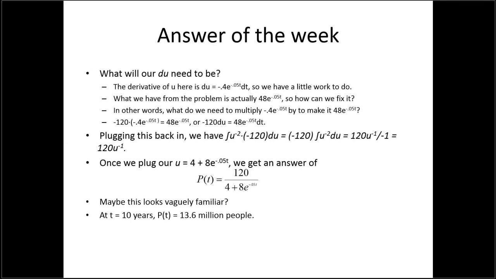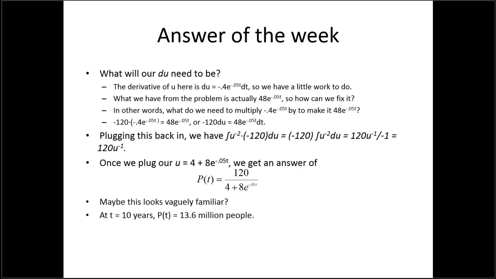So what we really have in this problem is u to the negative second times negative 120 du. When we do all the back substituting, that's where all that comes into play. Okay, so just make sure this makes sense to you. I'm going to pause for a second so you can scratch your head and think about why this is the case. Okay, I know you've got it now.